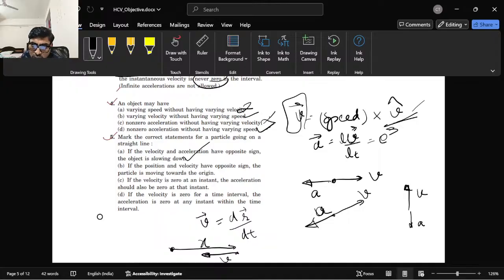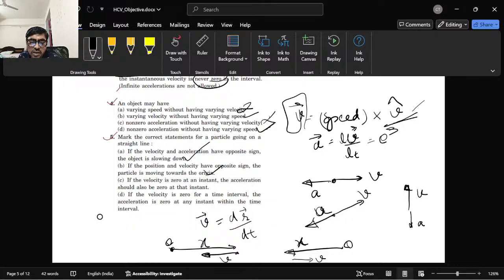Possible? x will decrease as it is coming. Otherwise, let's say position is this way and velocity is in the opposite direction, so then also it is approaching the origin. Right? So option B is correct, sir. Velocity in the opposite direction to the position vector means it always approaches the origin.